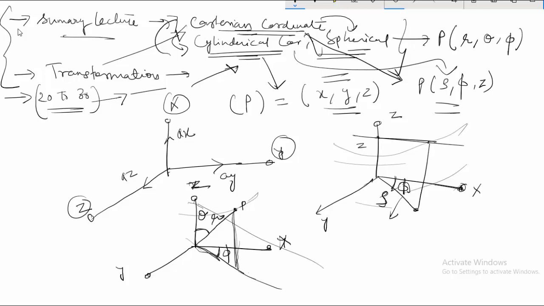So this is how it is represented: this was the Cartesian, this was the cylindrical, and this was the spherical system.